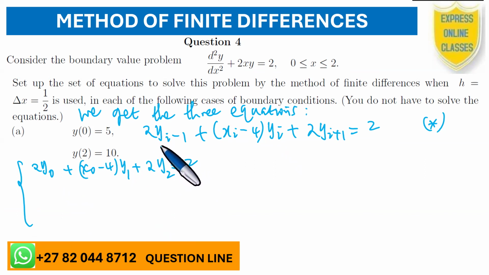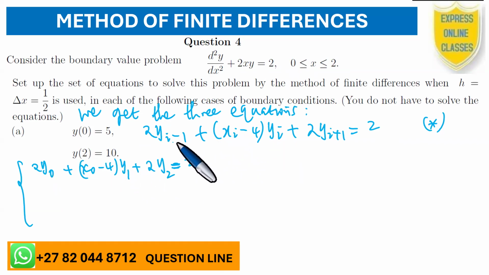We choose i equals 1 simply because when i is 1, we get y0, which is our first value, our initial point. If we take i equals 0, then it's 0 minus 1, and we don't have y at minus 1. We start from x0, which yields y0, and therefore we take i equals 1. When i is 1, 1 minus 1 is 0.